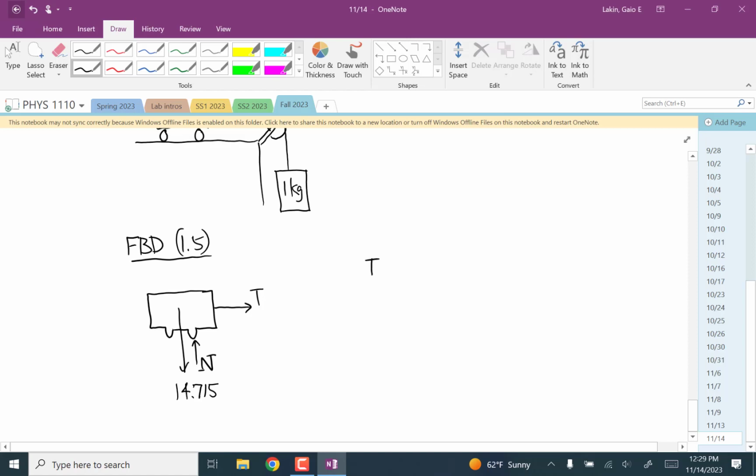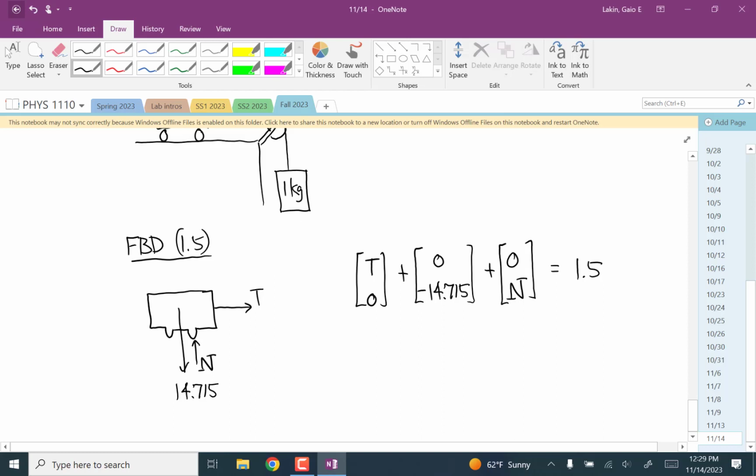Newton's second law says <P, 0> plus <0, -14.715> plus <0, N> is equal to 1.5 times, this is the first body, so all we have to do is figure out, is this moving along x or y?